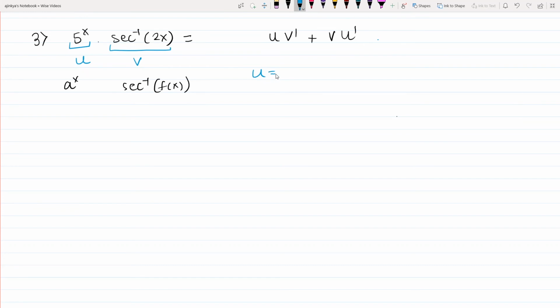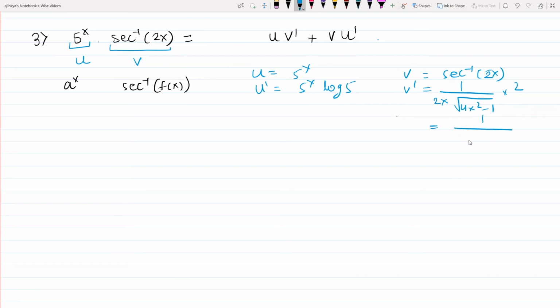Like we can take u equals to 5 raised to x, and u dash will be automatically 5 raised to x times log of 5, and also we can take v equals to sec inverse of 2x. So immediately v dash of x will become 1 upon 2x under root of 4x square minus 1 times 2. So the 2 will get cancelled, so it is 1 upon x under root of 4x square minus 1.